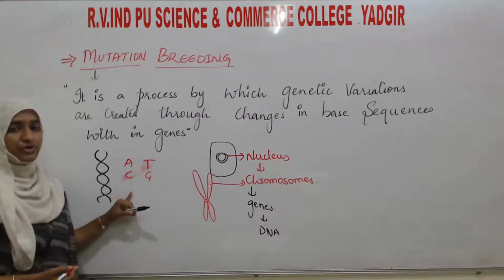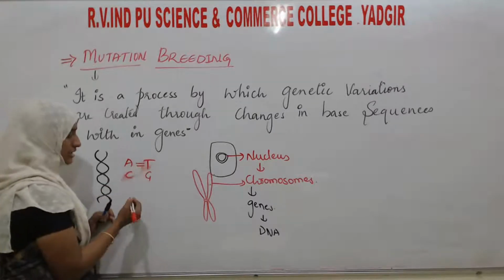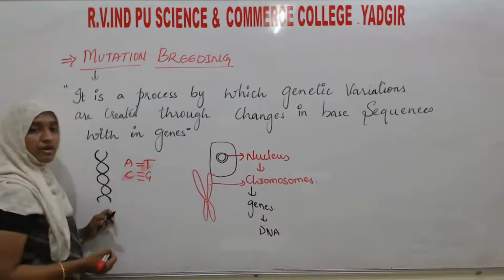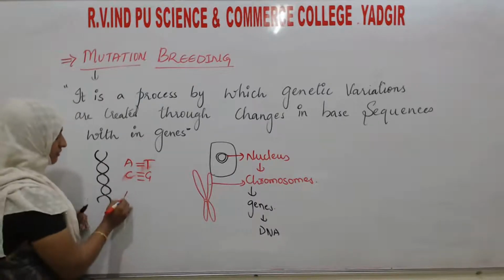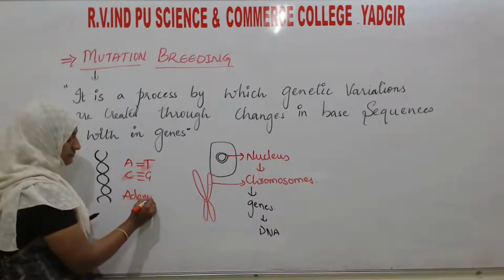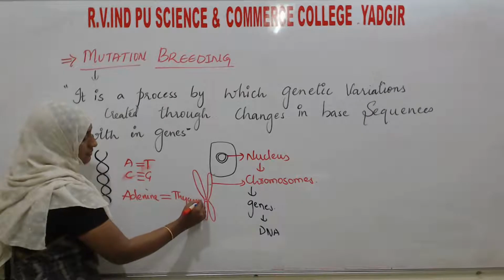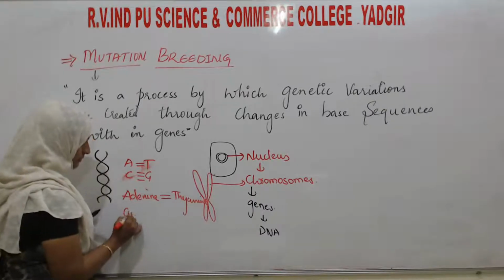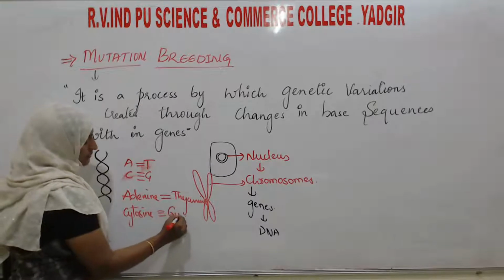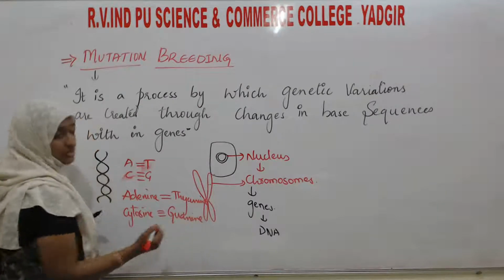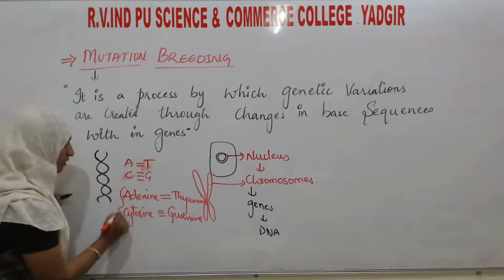These are the nucleotides: A, T, C, G. Always adenine pairs with thymine, and cytosine pairs with guanine.